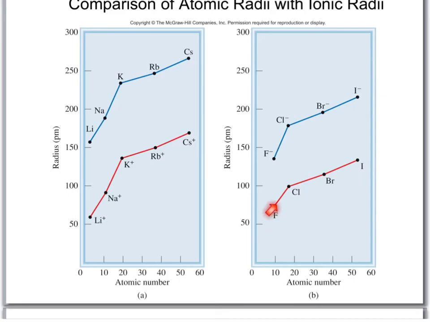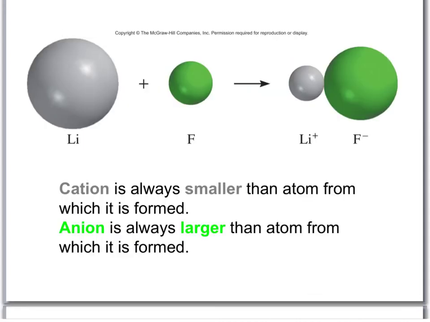Now, similarly, as we become anions, the atomic radius will increase. As we can see, the cation is always going to be smaller than the atom from which it was formed. This is because as we remove an outer valence electron, the Z effective actually increases. Whereas when we add an electron to an atom, that anion is always going to be larger.